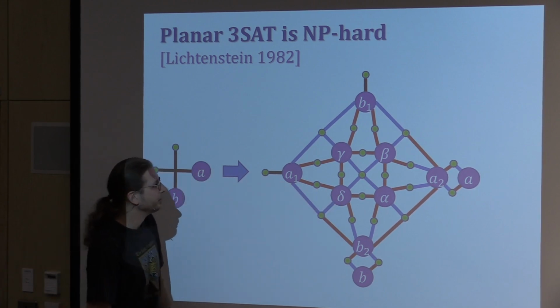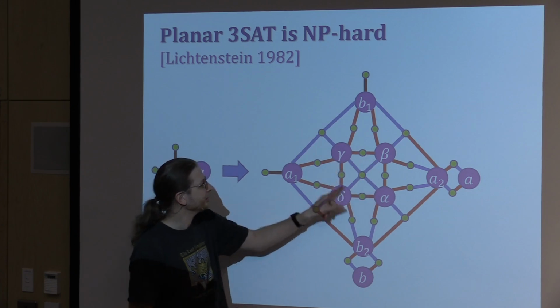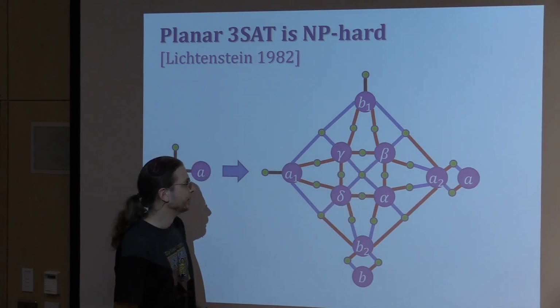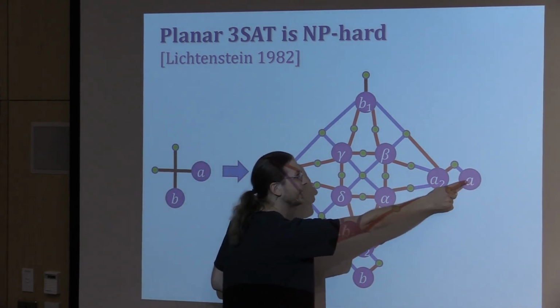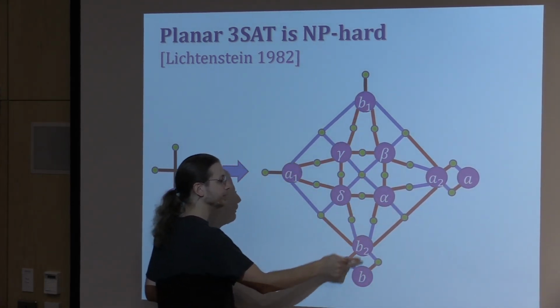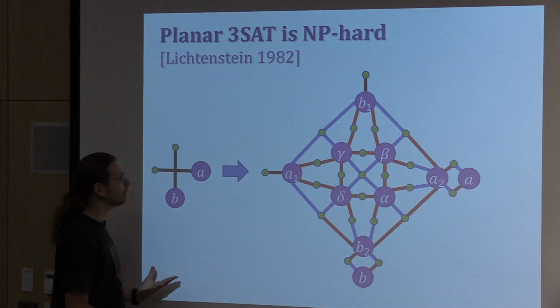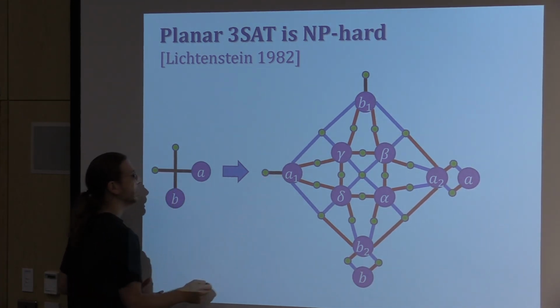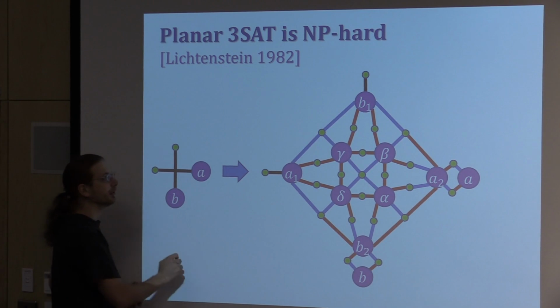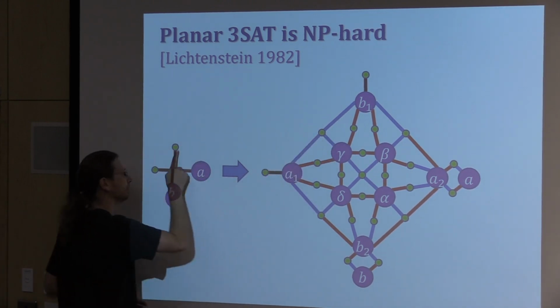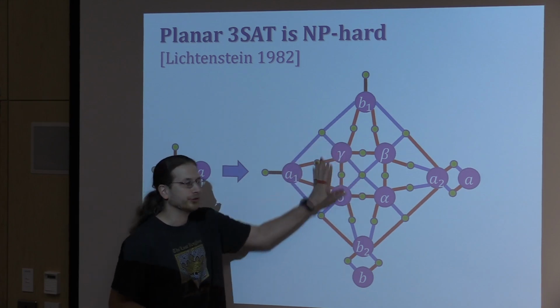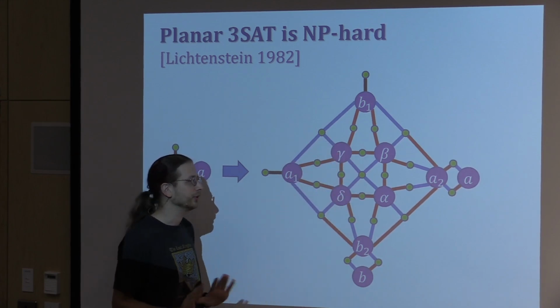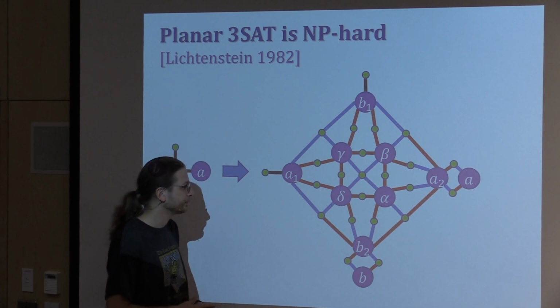So the ultimate claim, so there's 4 Greek letters in the center, but as extra variables, the main claim is that A1 equals A2 equals A, and B1 equals B2 equals B. If that's true, then of course this connection simulates that connection, and that connection simulates this connection. And the claim is, as long as you satisfy that, you can always set the stuff in the middle to be happy. So those are the only constraints, basically.